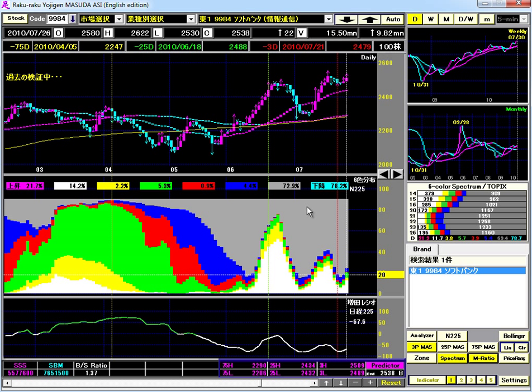You can see what the overall market sentiment is by looking at the distribution of the 6 colors within the 6 color spectrum. Each of those colors or letter patterns is based on the combination of the short-term, medium-term and long-term Masuda ASI waves, as we've discussed in past lessons as well.